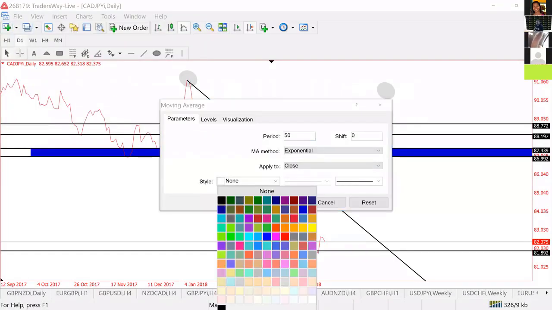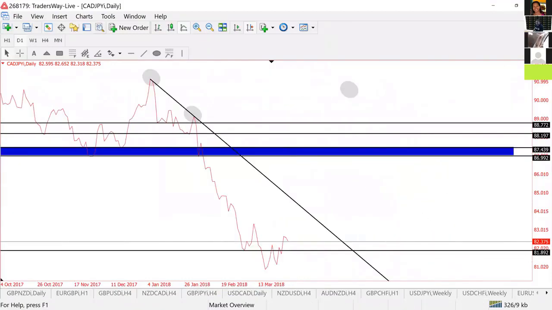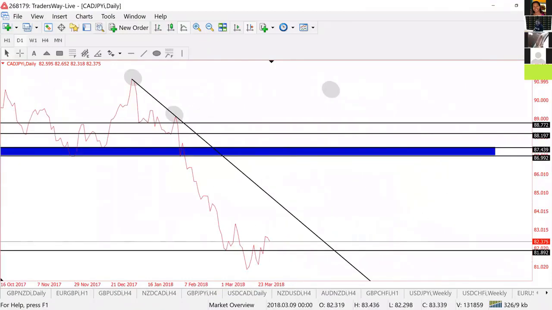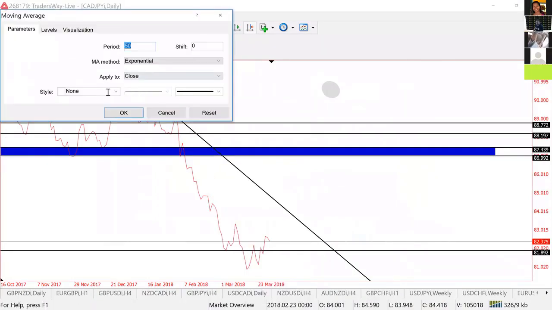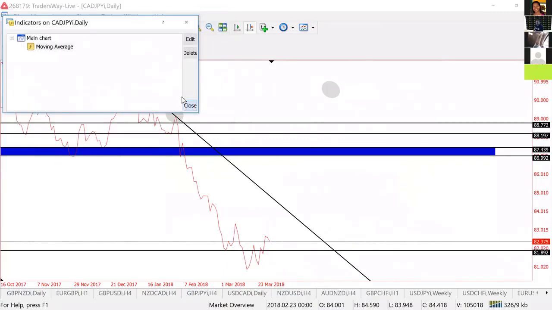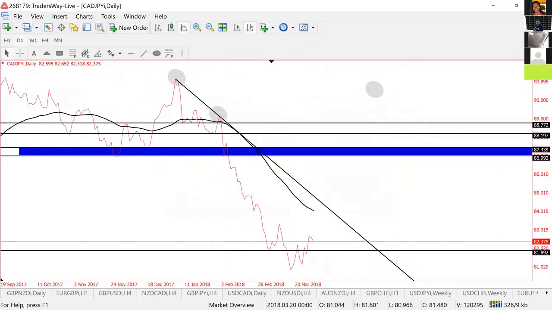Oh, because it's white. Style, black. There we go. As long as the market is below this moving average, you're technically still in the downtrend.